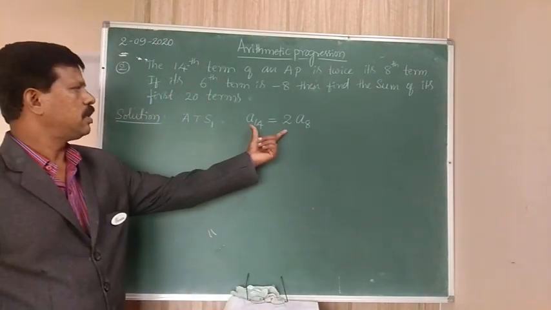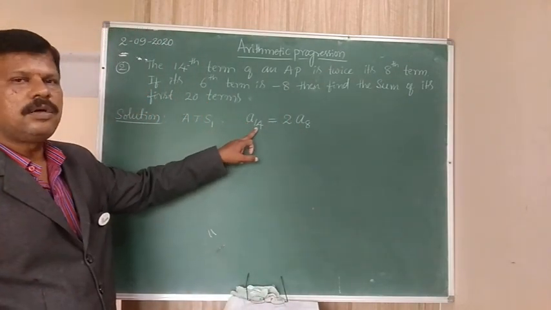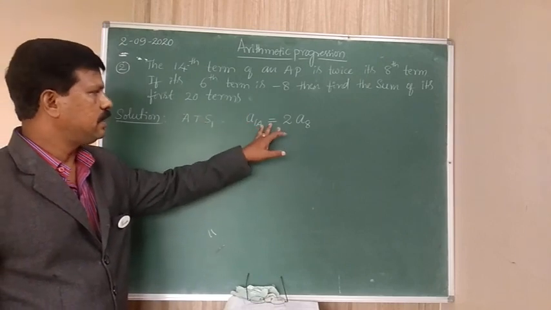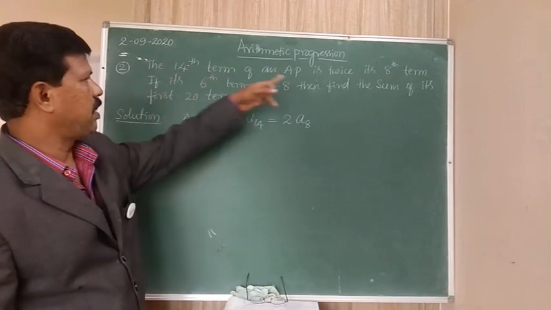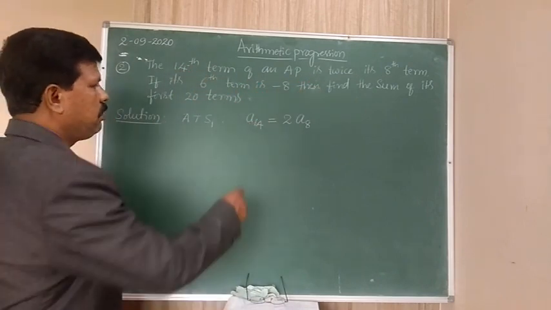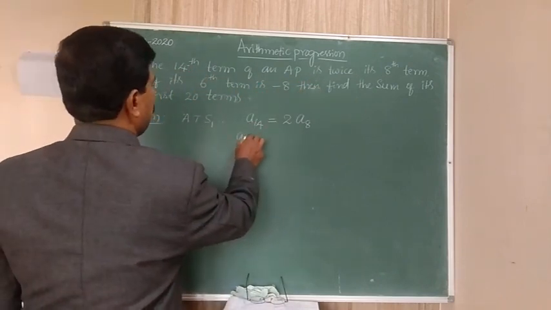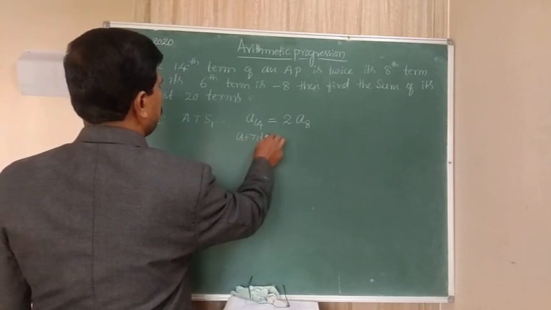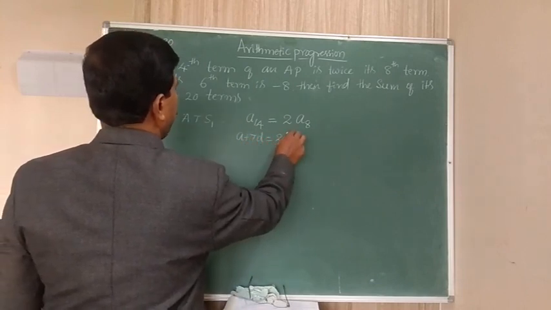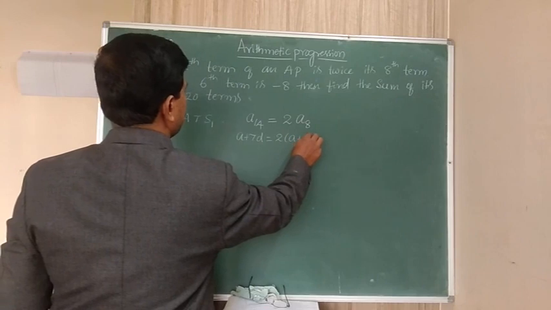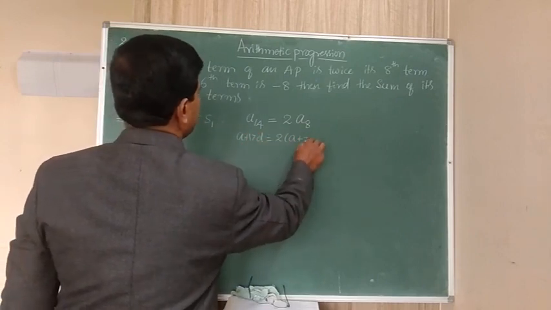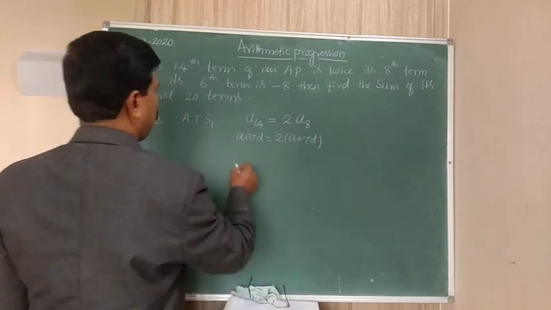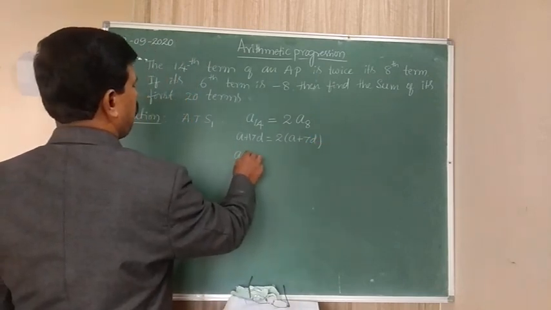See, this is the statement: the 14th term of an AP is equal to twice the 8th term. Now, on simplifying, A plus 17D is equal to 2 into A plus 7D. Clear?